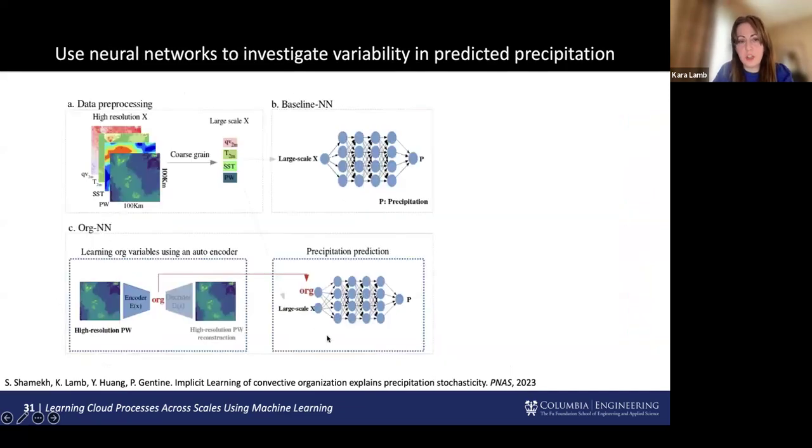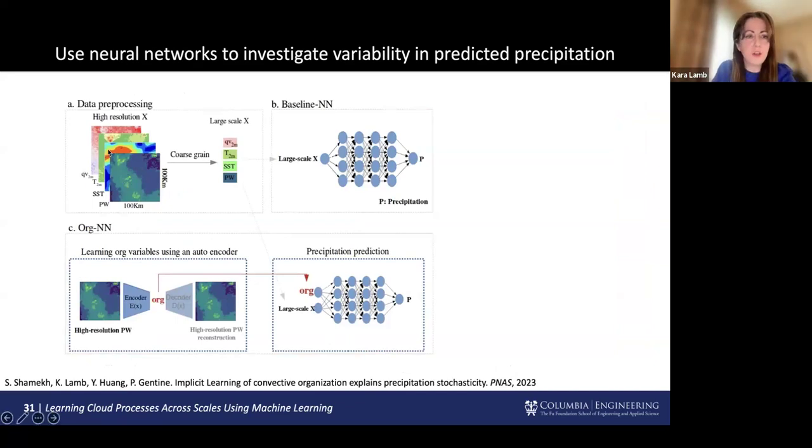So we instead decided to look at whether we could effectively learn some type of organization parameter directly from the subgrid scale. And so we're going to compare here two different models. So the top model is just kind of looking at this quasi-equilibrium hypothesis.